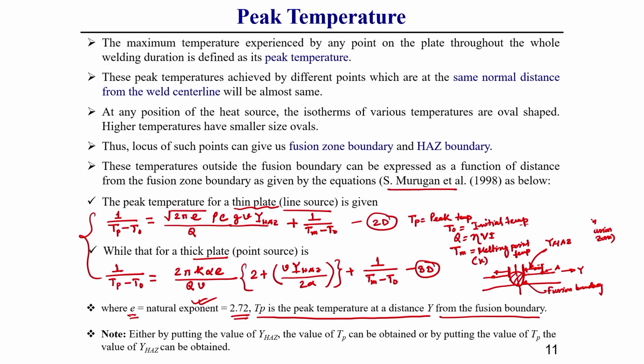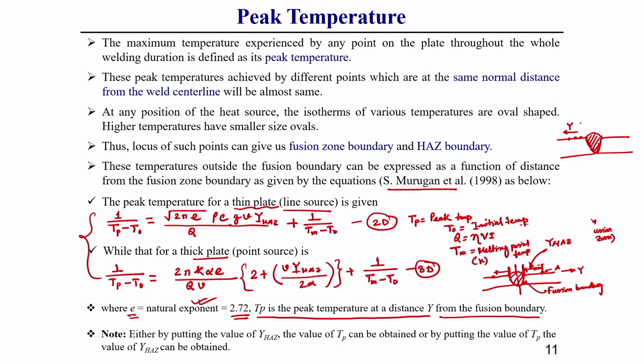I have already told you a little bit, and here also I am discussing. In a welding process, let this be your weld bead, and let this be the fusion zone or fusion boundary. For any distance, this is your y axis.